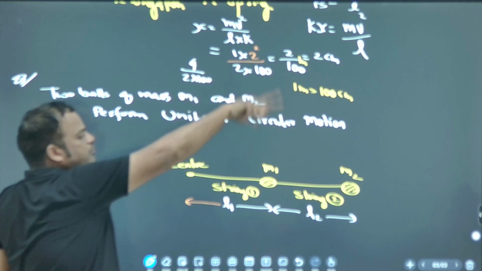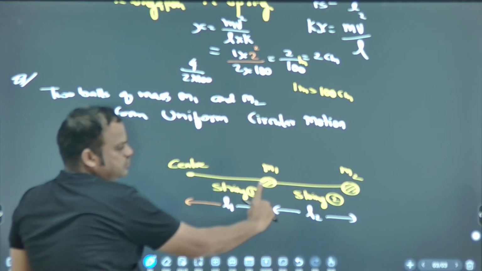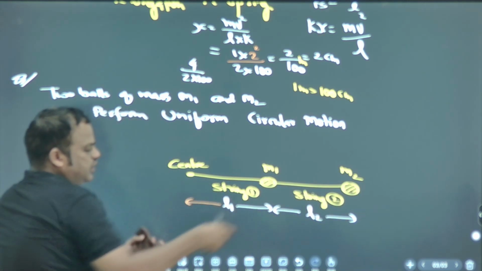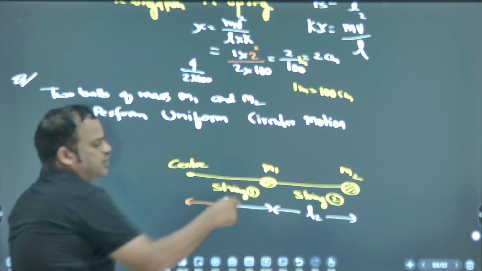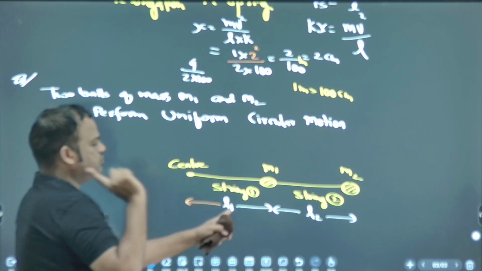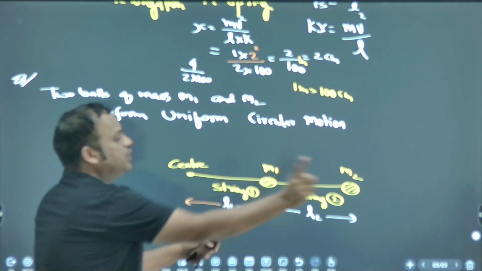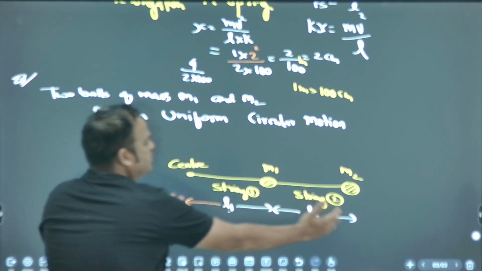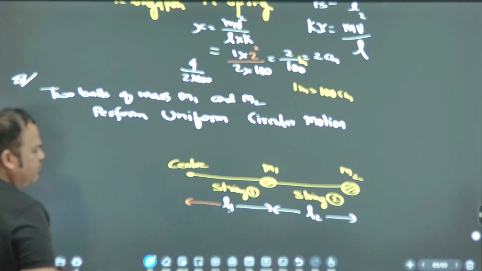Previously, one ball, one string. Now two balls, two strings. Now they are performing circular motion. This M1 is performing circular motion with what radius? L1. M2 has greater radius. What is the radius? L1 plus L2. Very good.